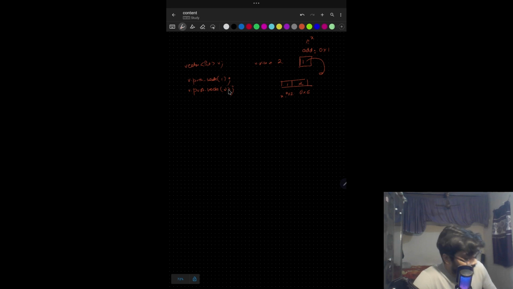Again v dot push back 3. Now again a new vector will be created, 1 2 3, and now this will have 0x3.